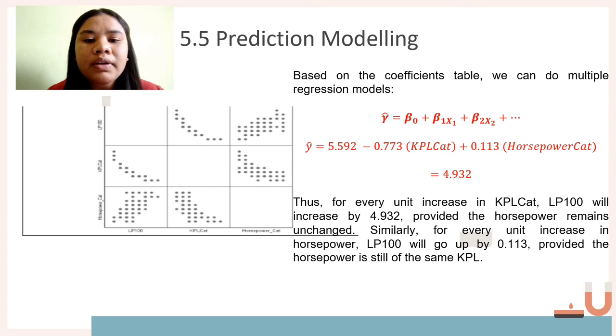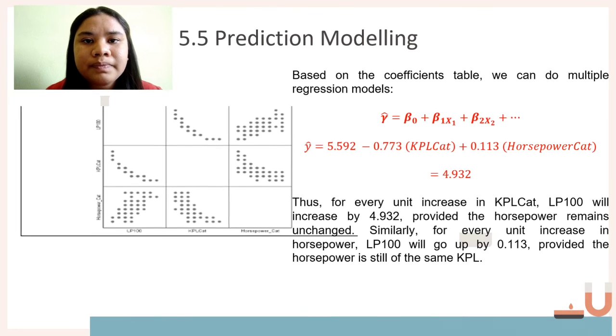Thus, for every unit increase in KPL cat, LP100 will change by 4.932, provided the horsepower remains unchanged. Similarly, for every unit increase in horsepower, LP100 will go up by 0.113, provided the KPL stays the same.